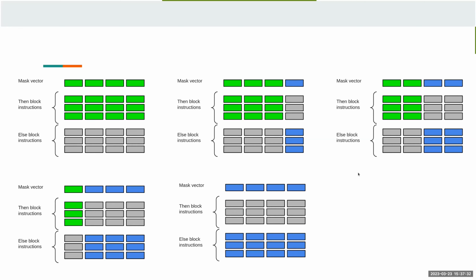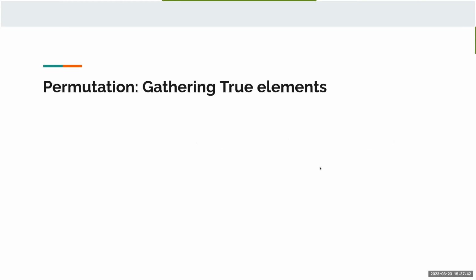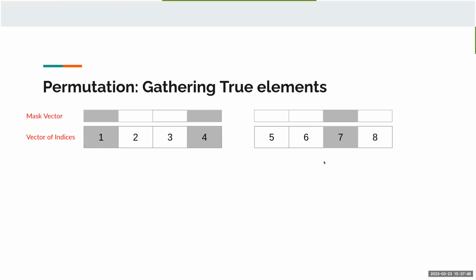To solve this problem, we are proposing our compiler pass, which we call active length consolidation, or ALC. We first propose a simple algorithm for something we call permutation. Let's say we have these two vectors, and you see the corresponding mask vectors for them. The gray elements are inactive lanes, and the white ones are active or true lanes.